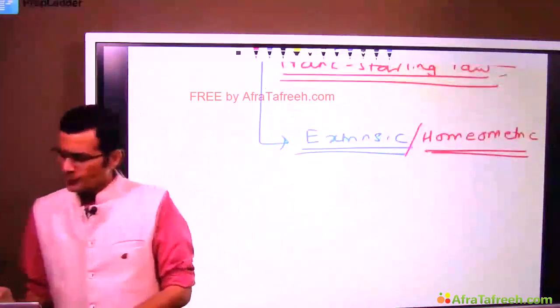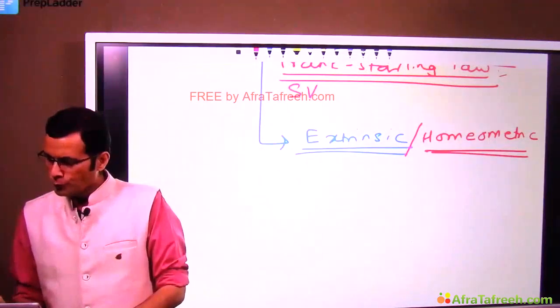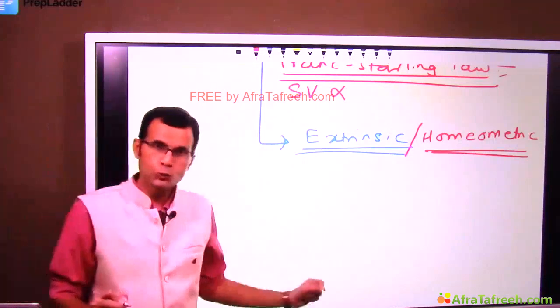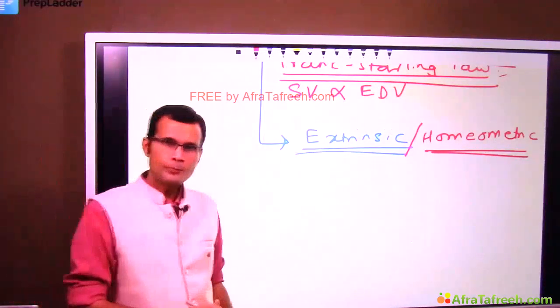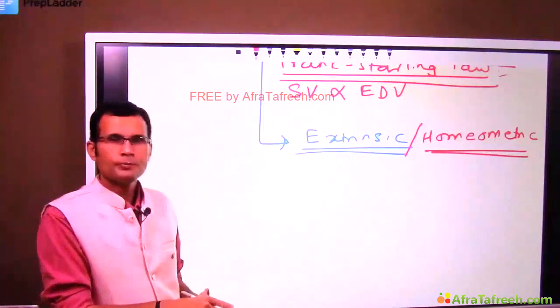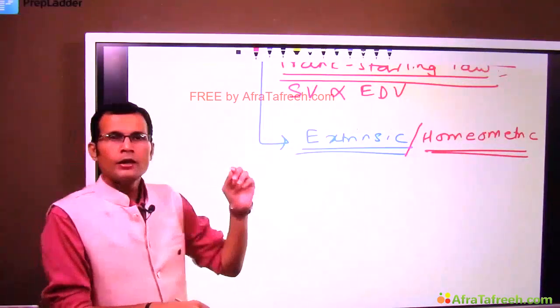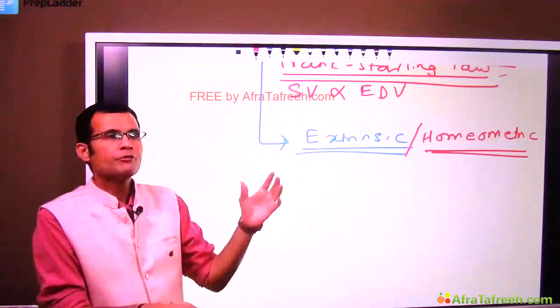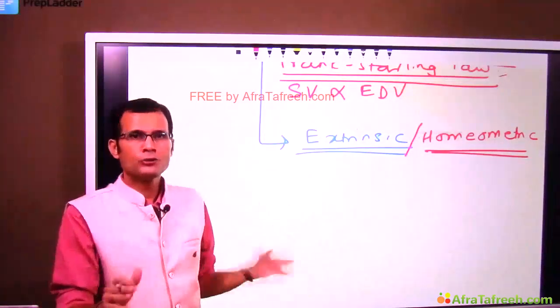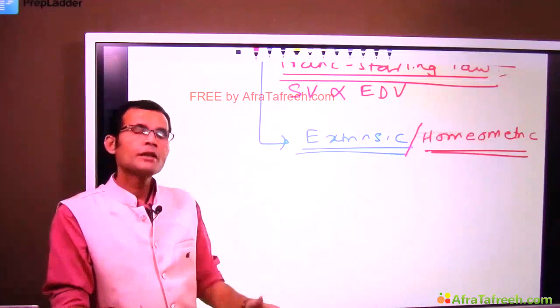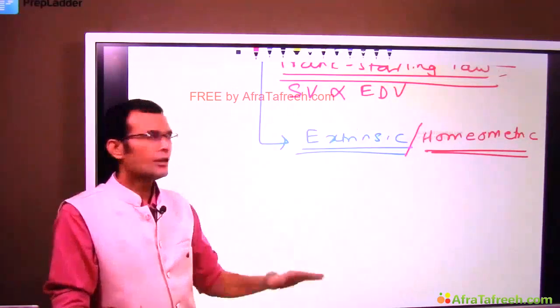And therefore, stroke volume is proportional to end diastolic volume. End diastolic volume is the volume of blood that's filled in the ventricle by the end of the diastole. Normally, it's about 125 to 130 ml.